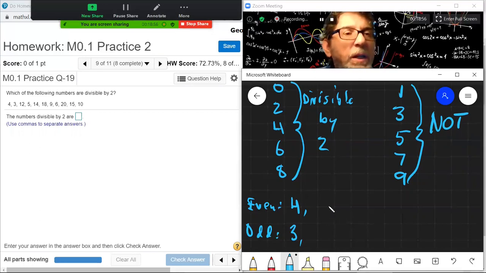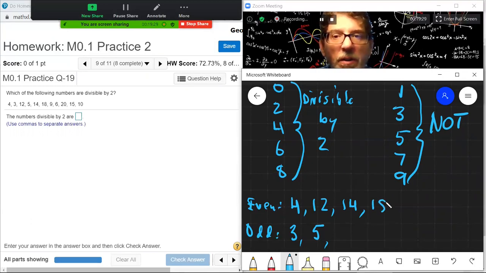12. Does 12 end in a digit that's here? Yeah, it ends in 2, right? 12 ends in 2. So 12 is even and is divisible by 2. Then we got 5. 5 is not divisible by 2. Then we got 14. 14 ends in 4. It's on this side. So yes, 14 is even, divisible by 2. 18 ends in 8.